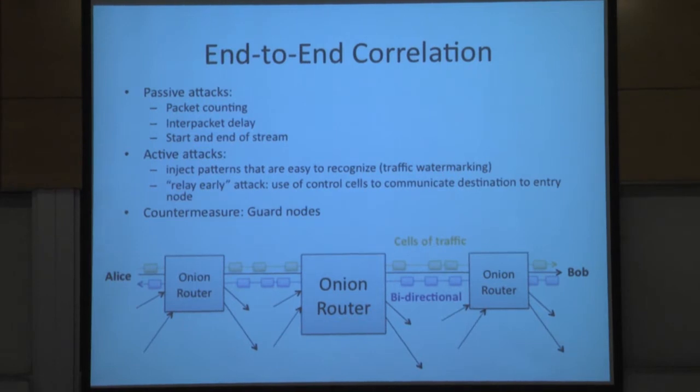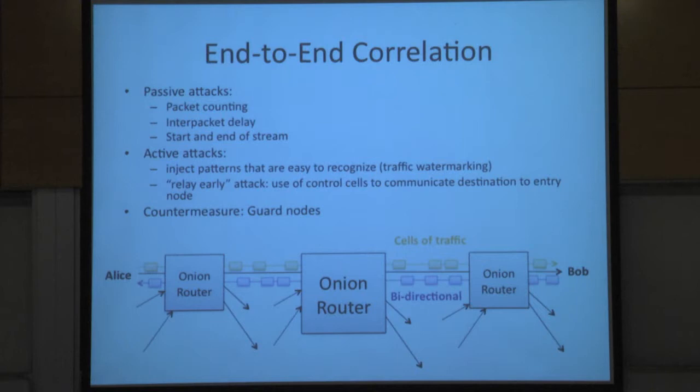So guard nodes are a countermeasure to some extent to end-to-end correlation. There are different reasons to introduce guard nodes. One is that if you are choosing different nodes every time, it would be relatively easy for the adversary to insert a few malicious nodes in the network and enumerate a large number of clients, right?